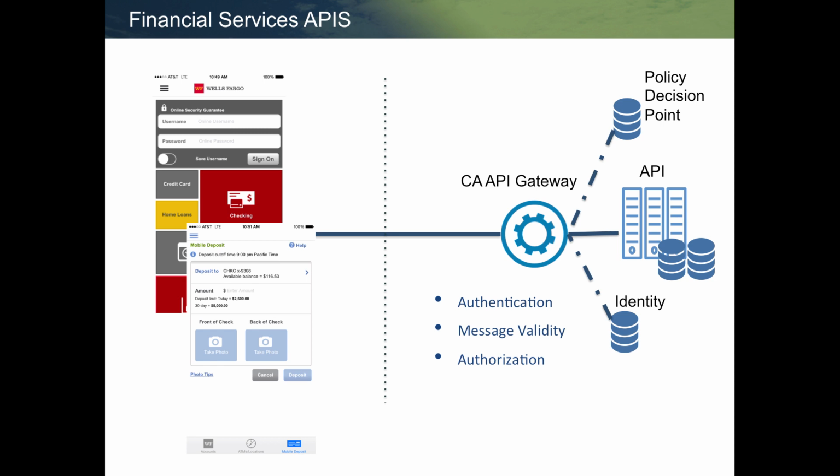And so this is a real-world, simplified view of how APIs have been used in real-world mobile financial services transactions, protected by gateways, so that they're secure and authenticated, and then integrated in with authorization servers, identity servers, and the actual APIs that are exposed.